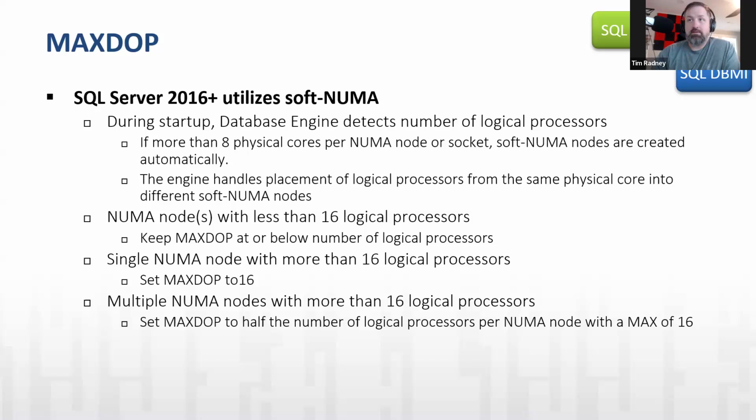With more than 16, set MAXDOP to 16. For multiple NUMA nodes with more than 16, set it to half the number of logical processors. I'm fortunate that a lot of the machines I'm working with aren't hitting some of these thresholds, so I don't have to really worry about it. But they're also all VMs running in some cloud provider.